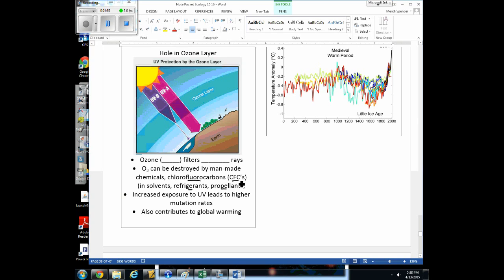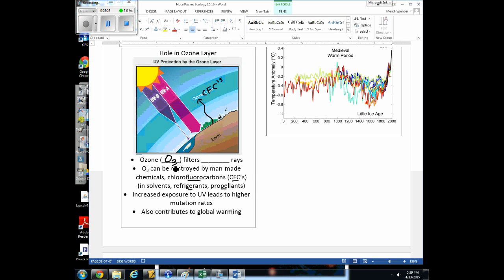So what happens is these CFCs are traveling up to the ozone layer. Let's talk about what that ozone layer is. Ozone is actually just 3 oxygen atoms stuck together. And what's kind of interesting about ozone is if you have ozone right next to the surface of the Earth, that's actually a major component of smog, and so it can cause respiratory distress and asthma when you breathe in ozone.